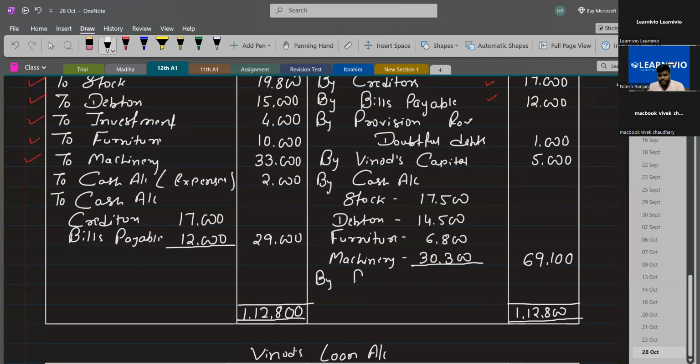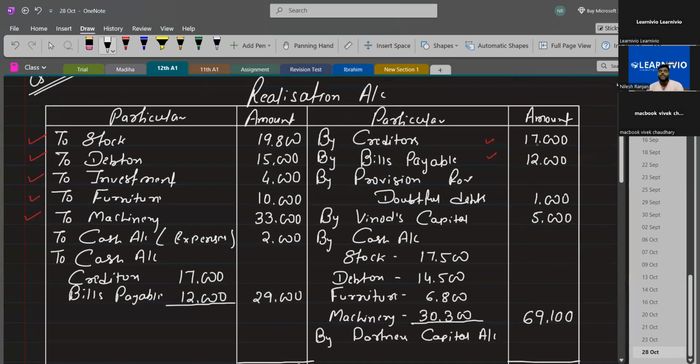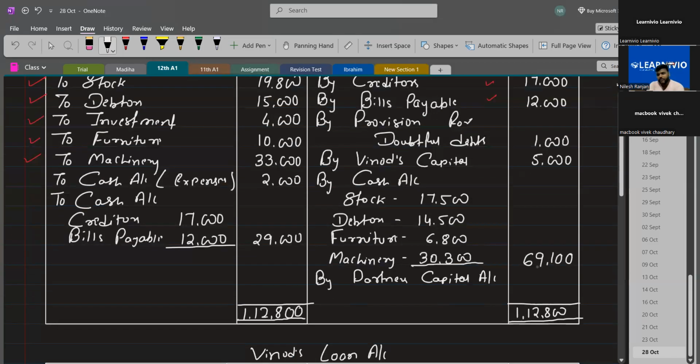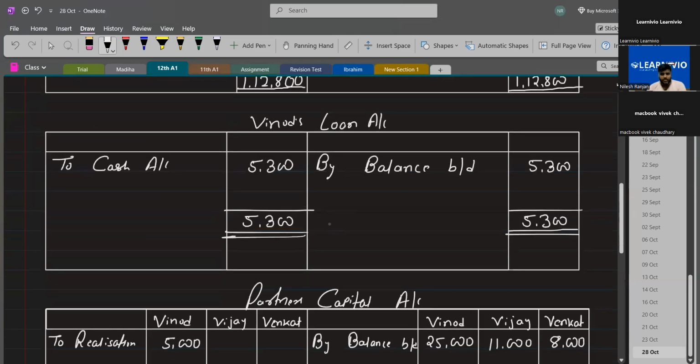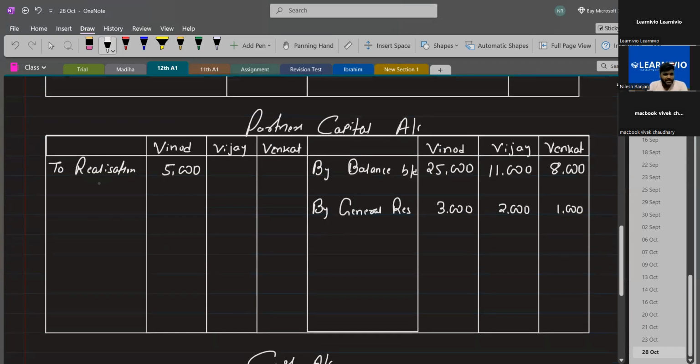This is the balance. It will be transferred to partners' capital. It is a loss here. So the total is 1 lakh 4,100. So 8,700 is the loss on the realization account.